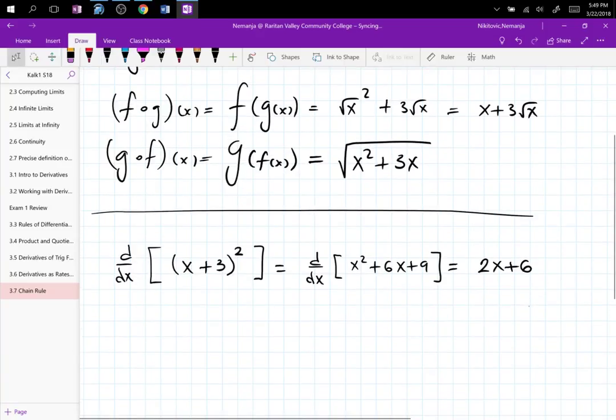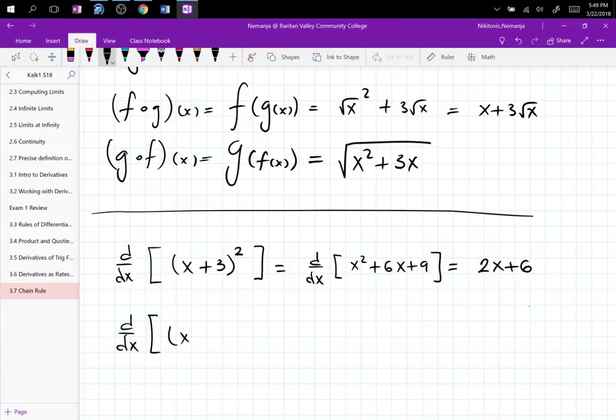But now I'm going to make this problem more interesting. d dx of x plus 3 raised to the 217. Go ahead, FOIL, I'll wait.